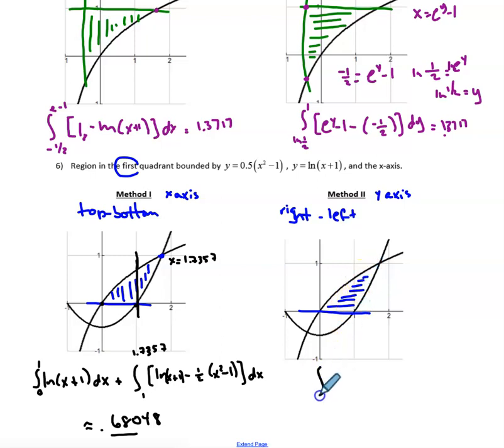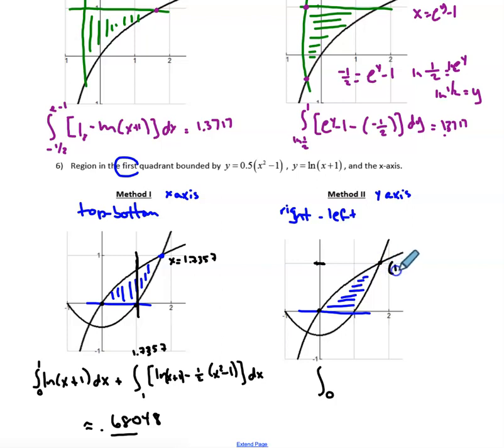I need one integral where my lower limit of integration is here at 0 and my upper limit of integration is at the y value of this intersection point. And I'm going to tell you this, that it is not at y equals 1, even though it looks like it to the naked eye. This is a great example of when they give you the functions, you have to go into your calculator and find that intersection point.